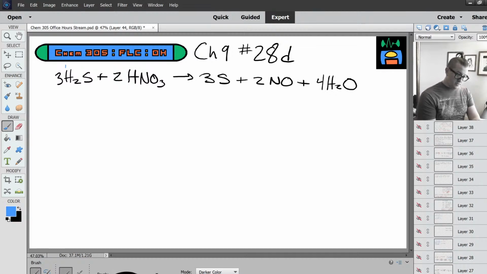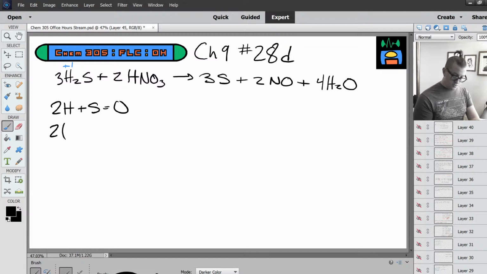Hydrogen's +1. All right. So now we can solve for sulfur, because we know that 2 times the oxidation state of hydrogen plus sulfur is equal to our total charge, which is 0.